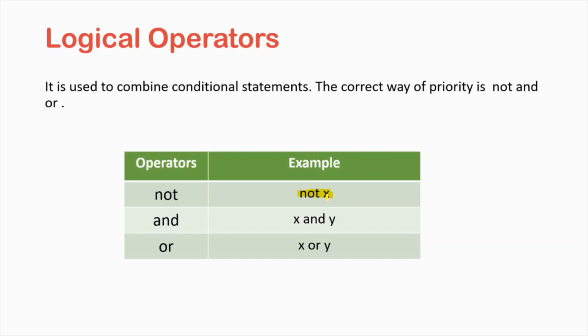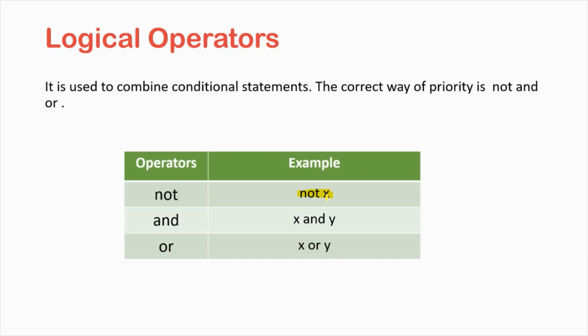We know that any number which is greater than 0 is a positive number, and any number which is equal to 0 is called a false number. So any number greater than 0 is a true number, and 0 is false.